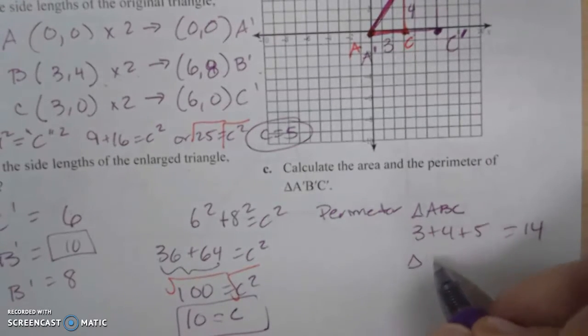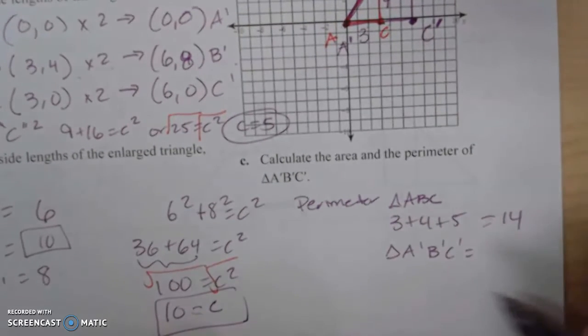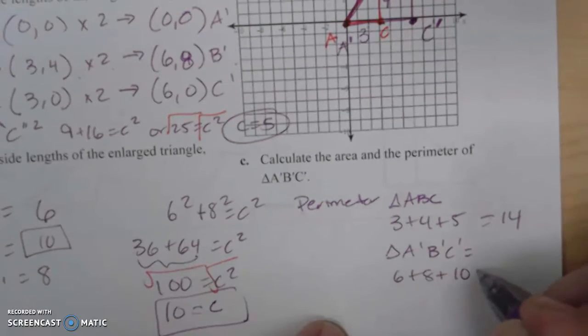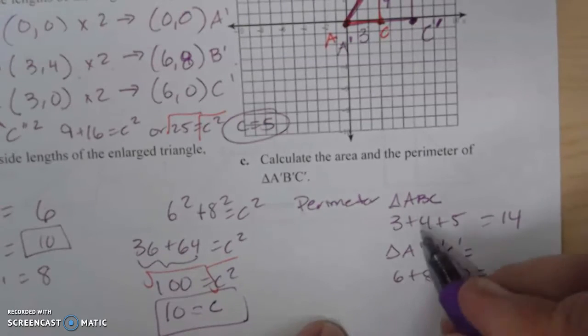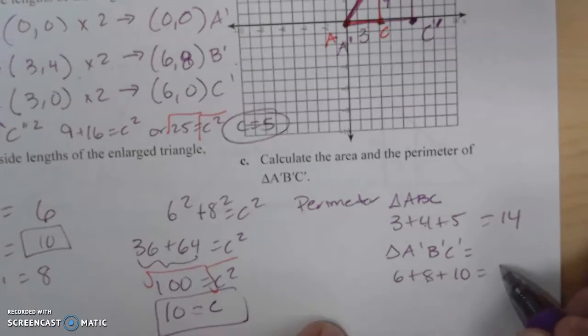And then the perimeter of triangle A prime B prime C prime equals 6 plus 8 plus 10, which is 9, 10, 11, 14, is 24.